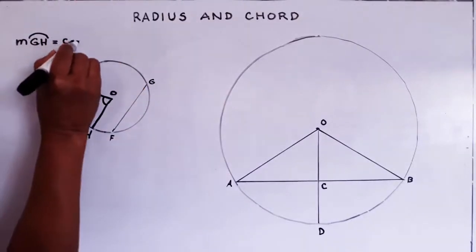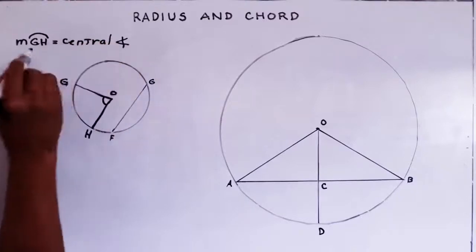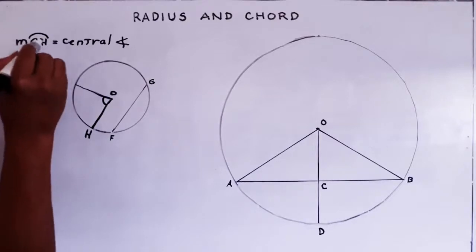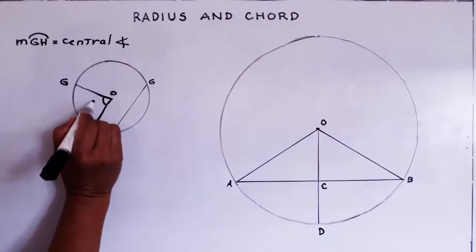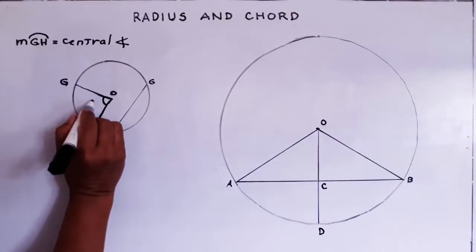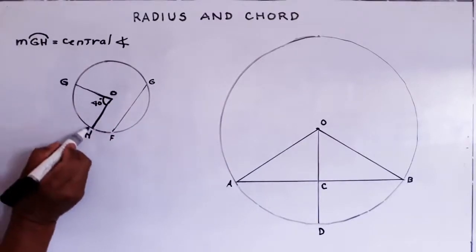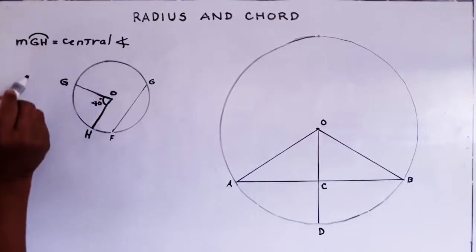So we have the central angle here, which is sometimes written as m, GH, with an arc symbol above. If the measure of this central angle is 40 degrees, this mGH is equal to 40 degrees.